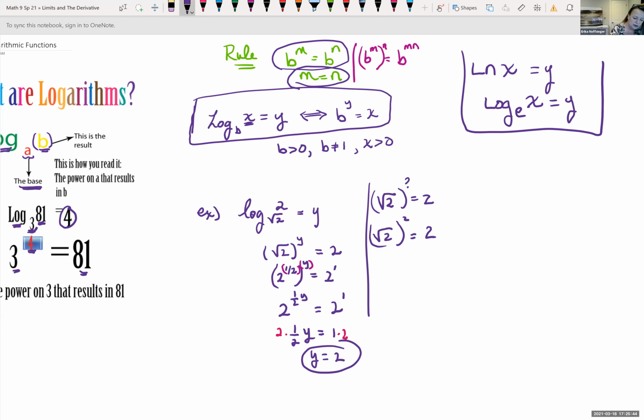Natural logarithm is read as L-N. A lot of times I write my L in lowercase like this, but sometimes students get confused. They tell me weeks later that they thought it was a 1, and it's not a 1. So I'll try to write it as a capital L.